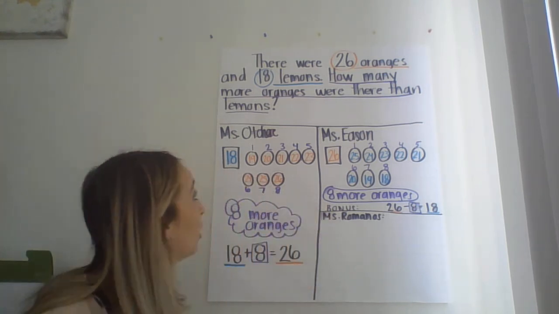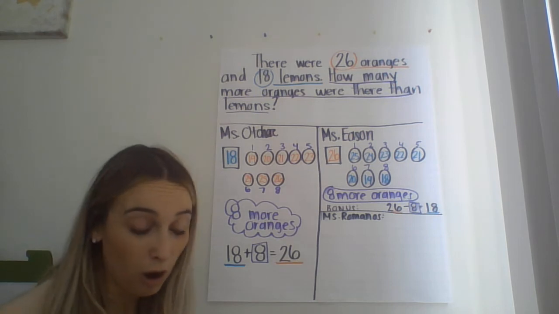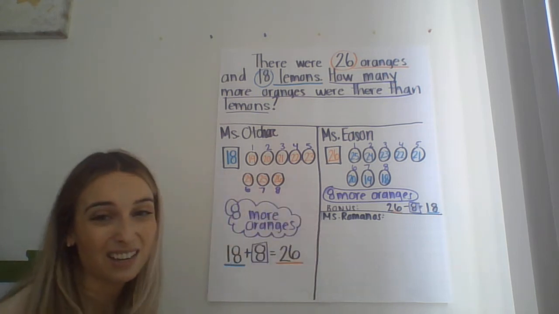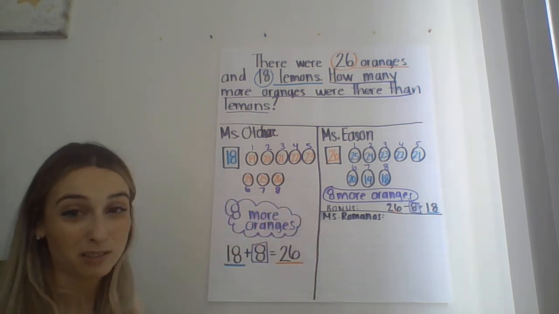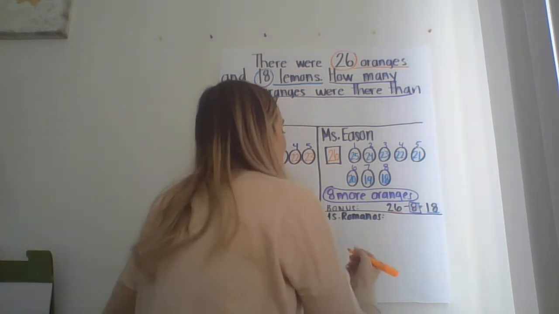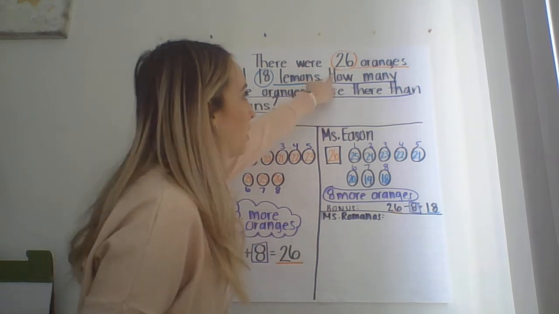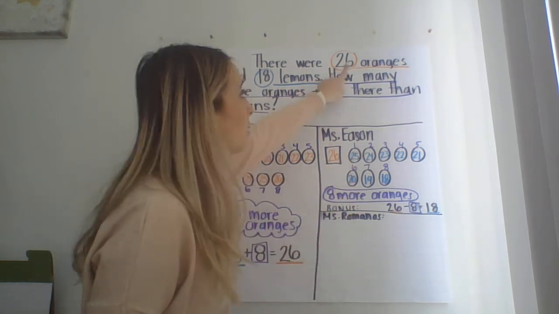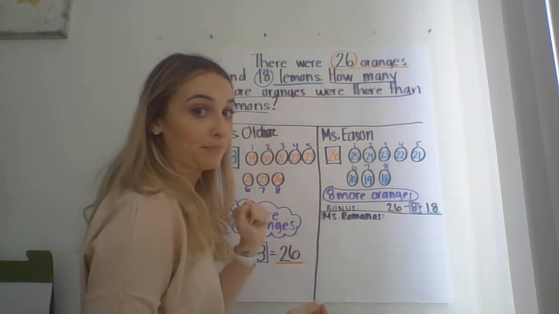All right, so Miss Hermanos decided to draw 26 using tens and ones. So we're going to count by tens first to get to our 26. Because she knew there was 26 oranges. All right.